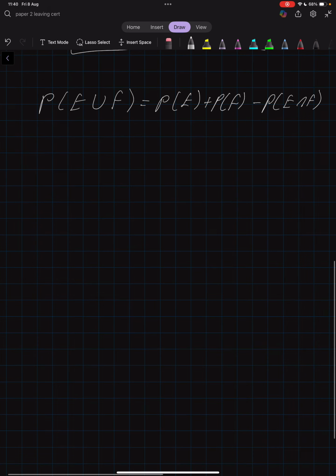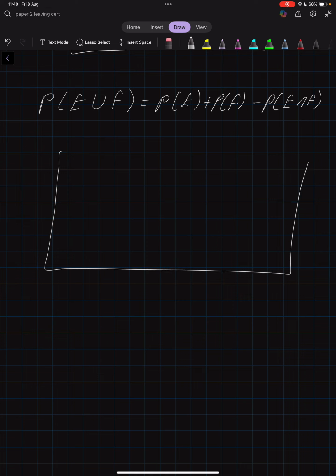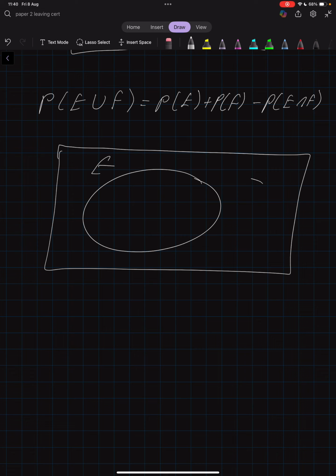Okay? And this is basically this picture. So you have E, you have F. Obviously, if I get the probability of E, I have this. If I look at the probability of F, I have all this and the middle.